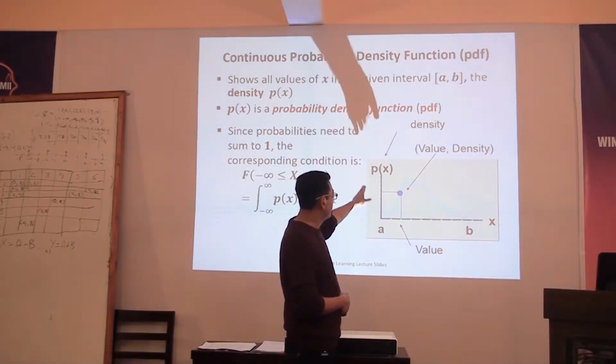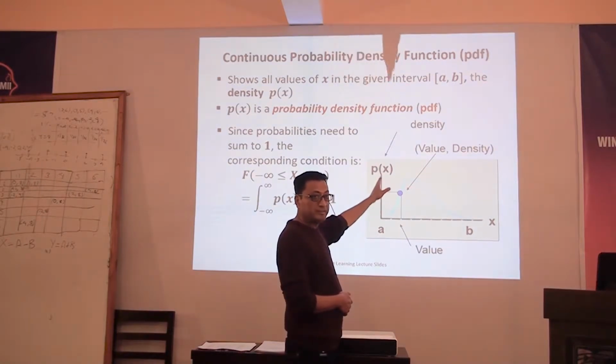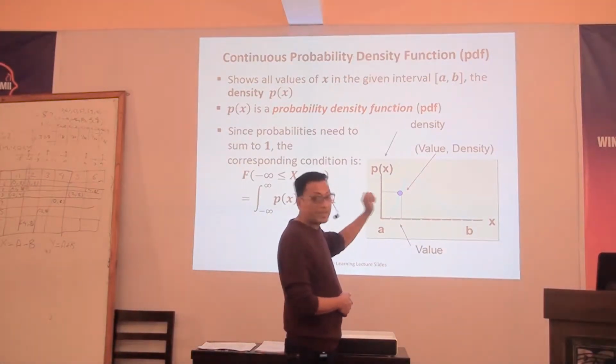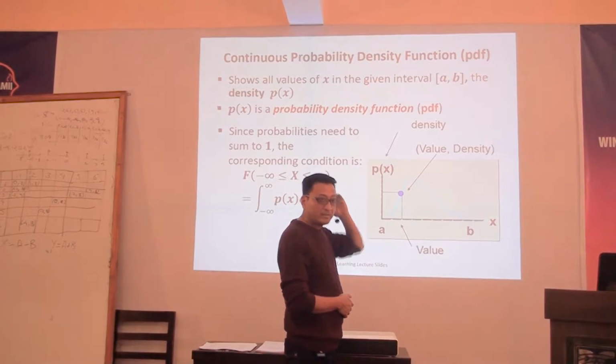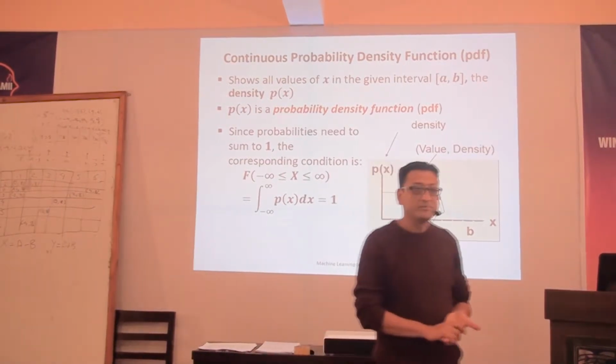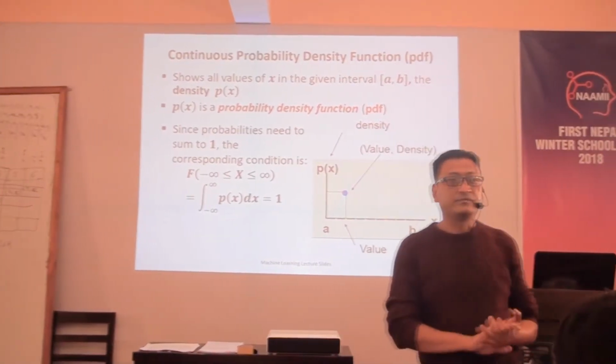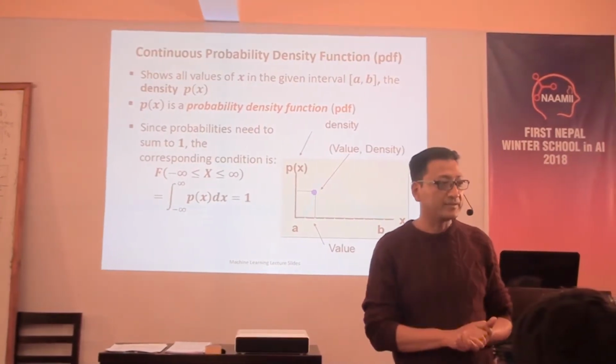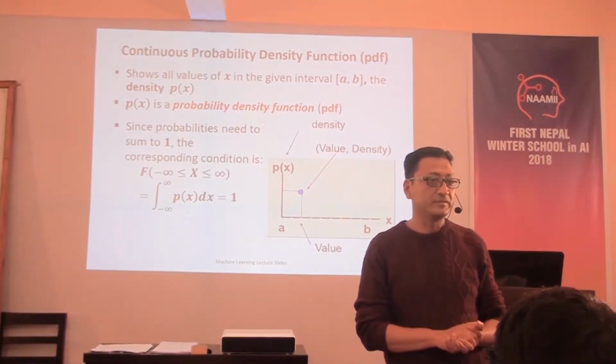So the probability density function gives you the probability for every value of x. Whereas for a discrete distribution, this probability is only defined for some specific values of x. That is the main difference.